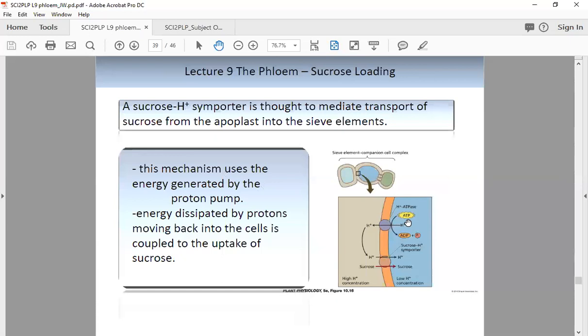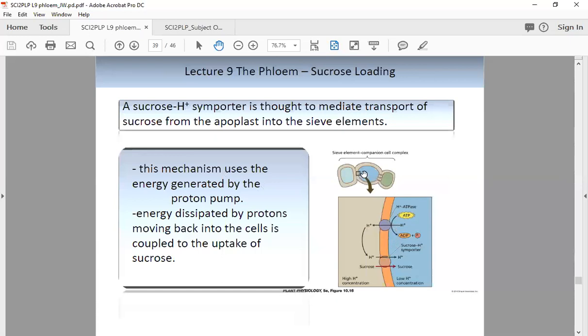And of course, this requires energy from ATP, hence the name proton ATPase. This sets up the proton gradient across the, actually this is not across the membrane. Oh, it is across the membrane, yes.